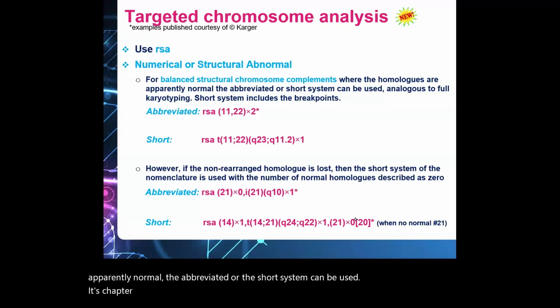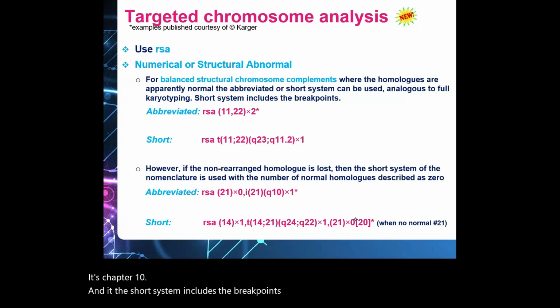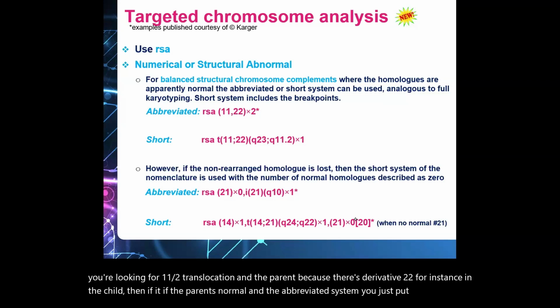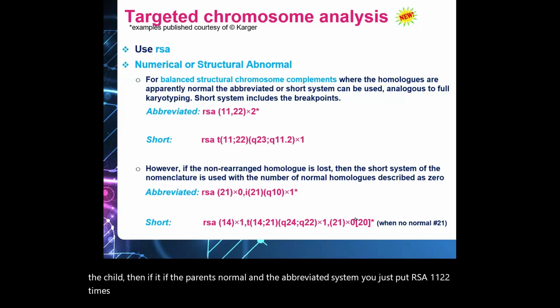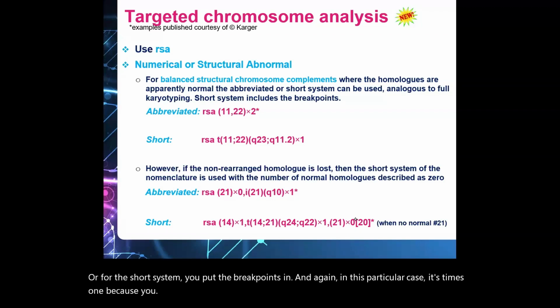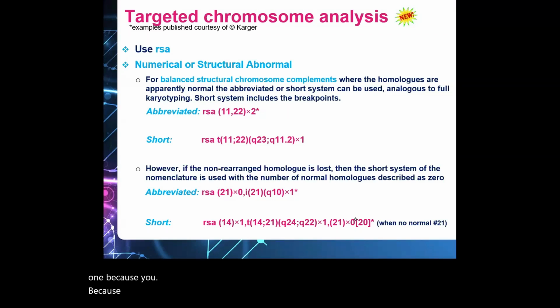And the short system includes the breakpoints, but the abbreviated system doesn't. So if you're looking for an 11;22 translocation in the parent because there's a derivative 22, for instance, in the child, then if the parent's normal in the abbreviated system, you just put RSA 11,22 times 2, or for the short system, you put the breakpoints in. And again, in this particular case, it's times 1 because you're talking about that particular abnormality that you've seen it once.